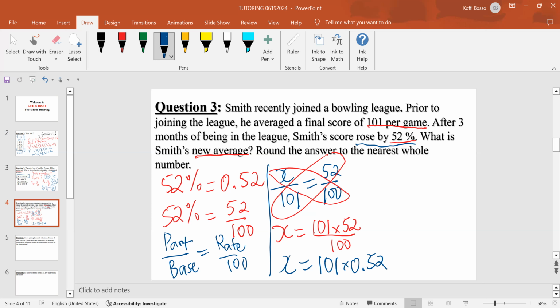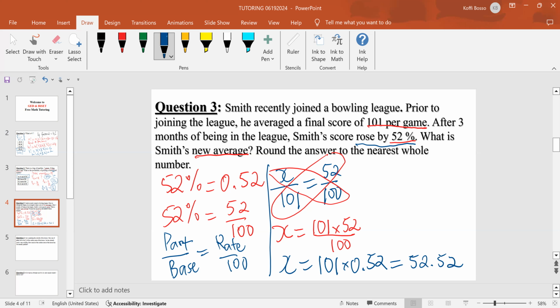With your calculator, what is 101 multiplied by 0.52? That's 52.52. And then I add that to 101.